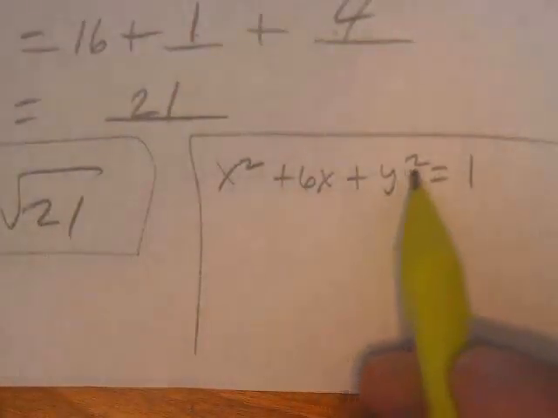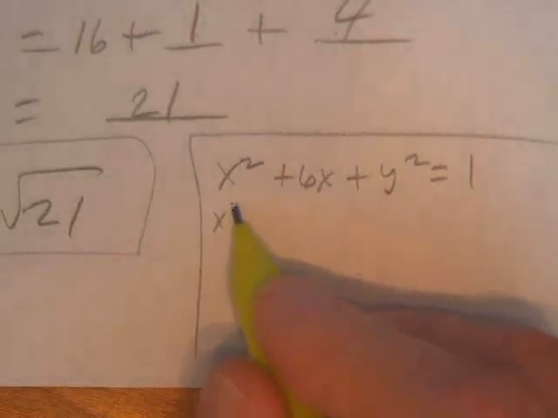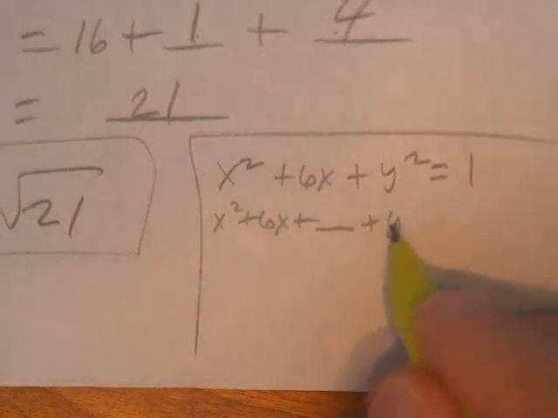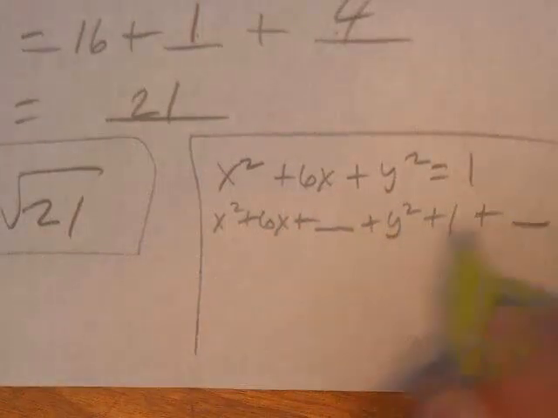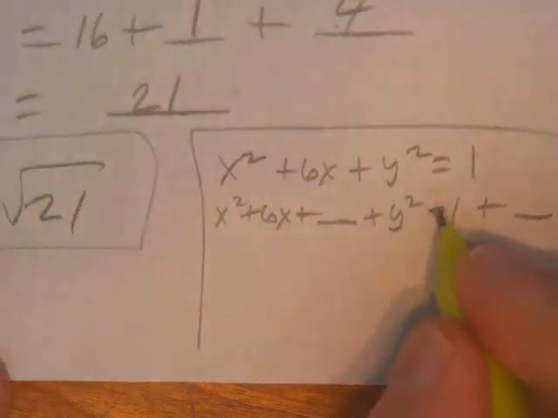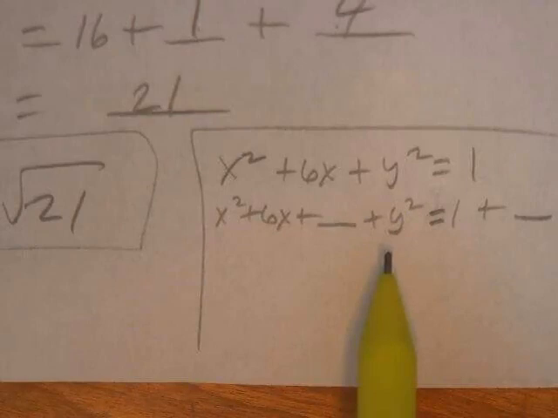Well, notice there's no y term. So on this one, I'll just do x squared plus 6x plus a blank plus y squared equals 1 plus a blank. Because there's nothing to do with this y squared, it's going to be 0.